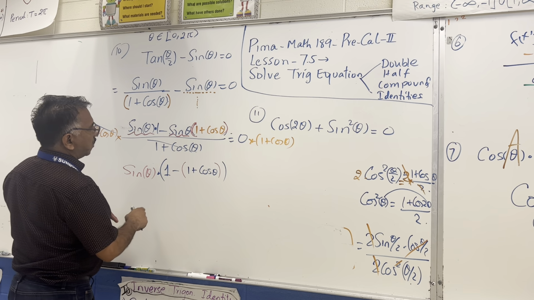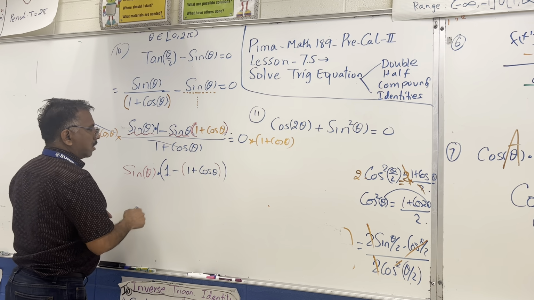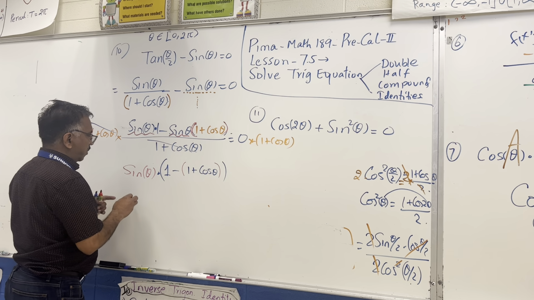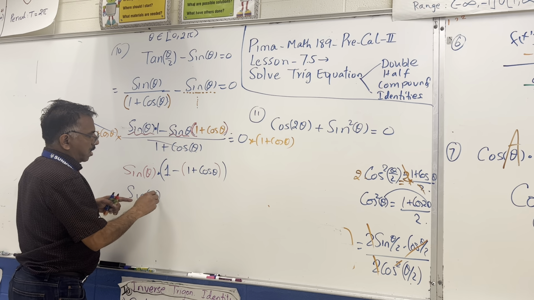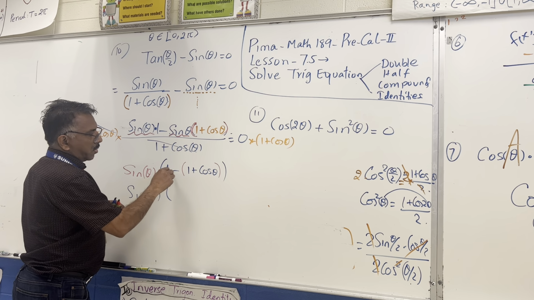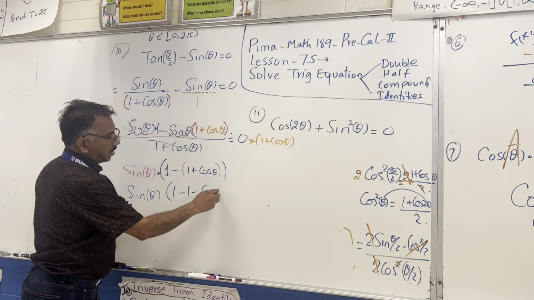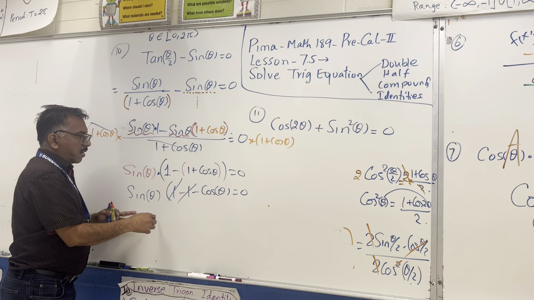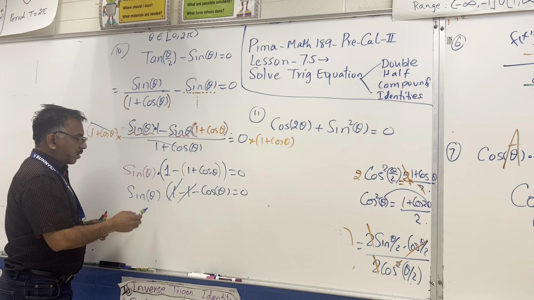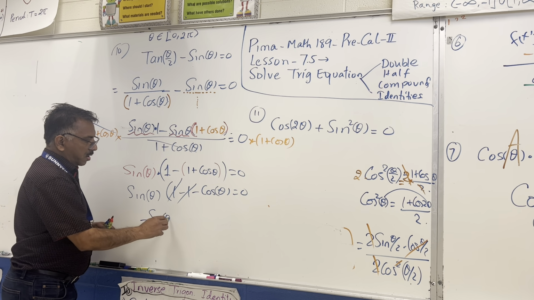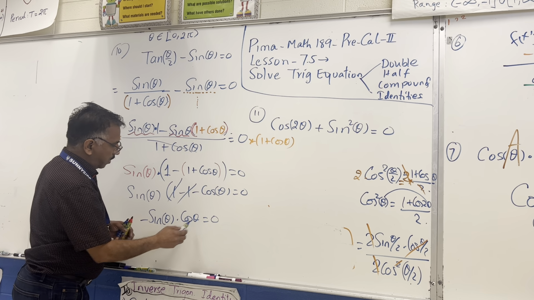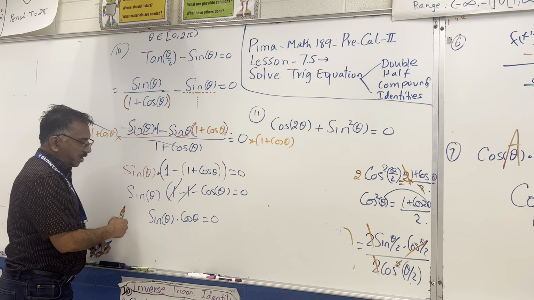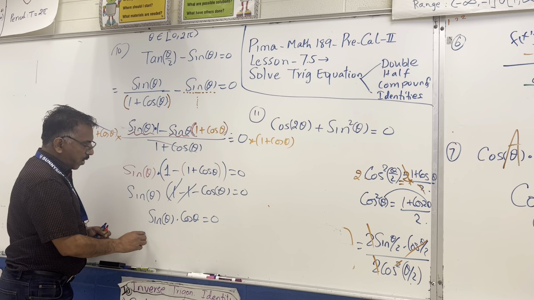This is cancelling. So this will change to sine theta, and this will be 1 minus 1 minus cosine, that's 0, right? Then this crosses out, and you get minus sine theta cosine theta equals 0. This minus 1, you multiply by minus 1, just goes away. I'm avoiding that step.